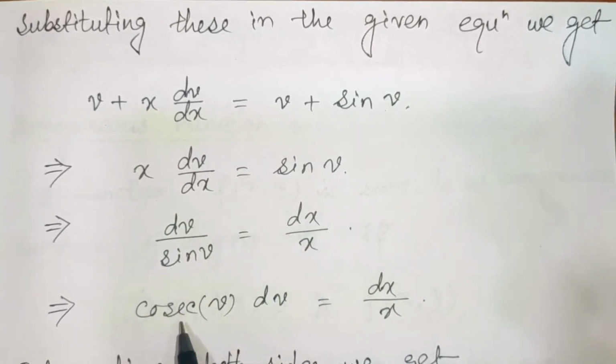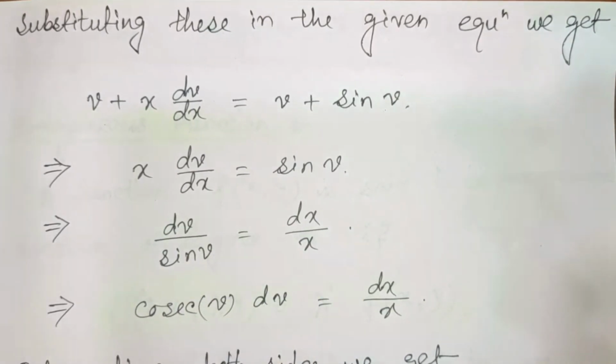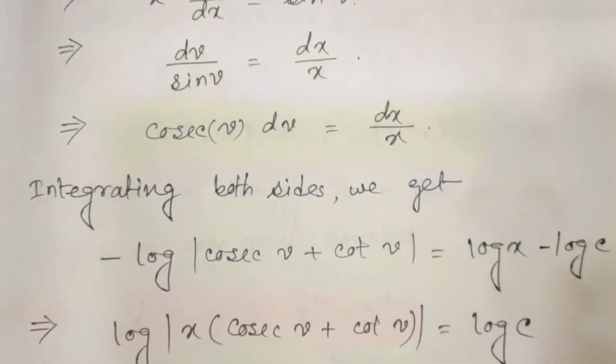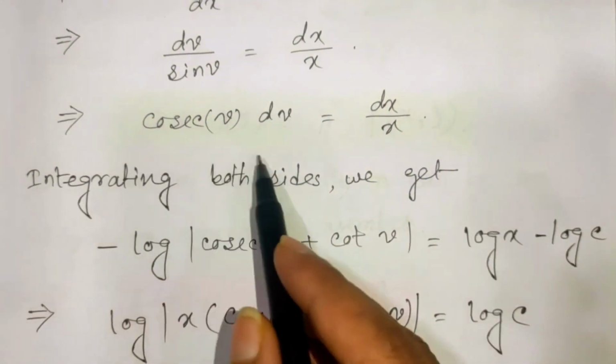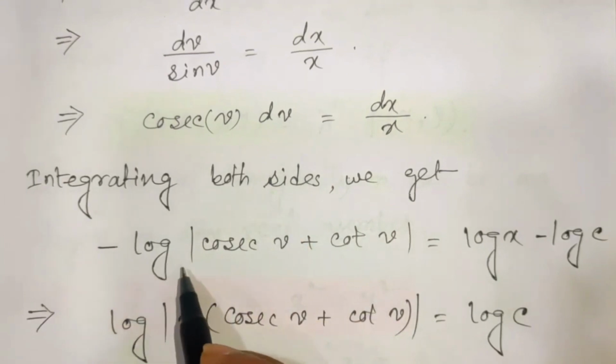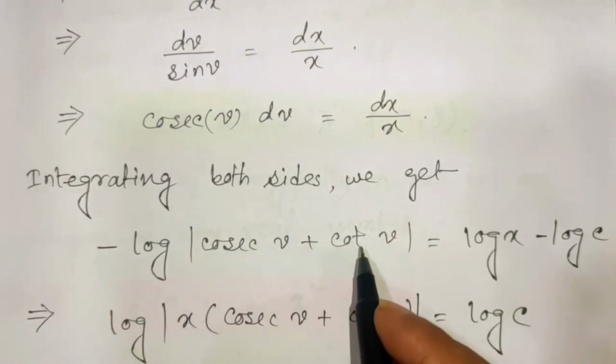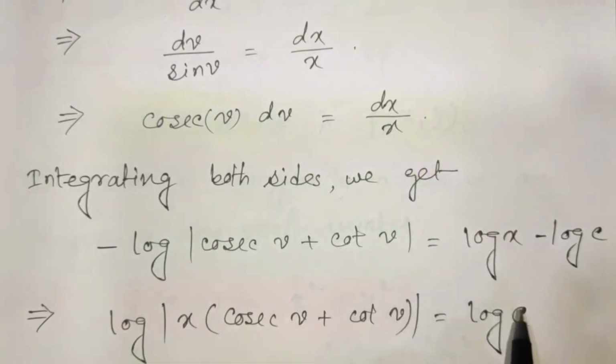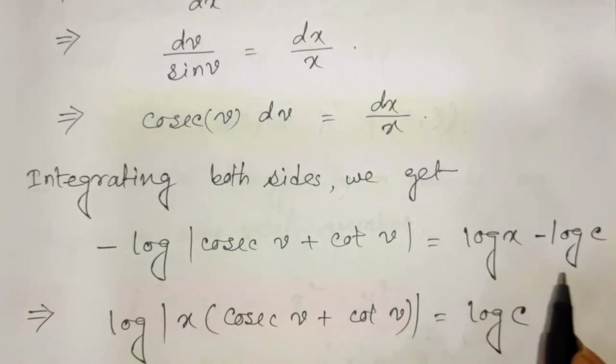Sine v we can write as cosec v. Now if we take the integration on both sides, the integration of cosec v is minus of log of cosec v plus cot v, and the integration for the right side is log x, then minus of log c, which is the integrating constant.